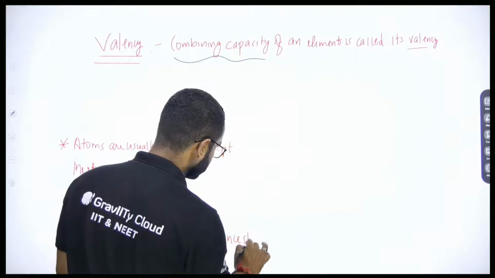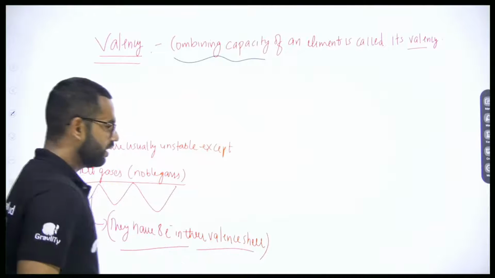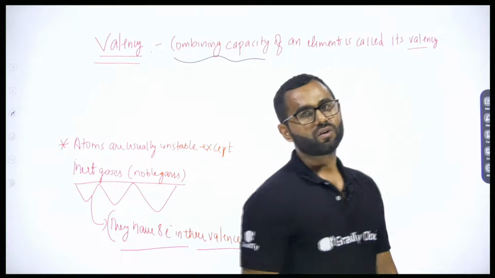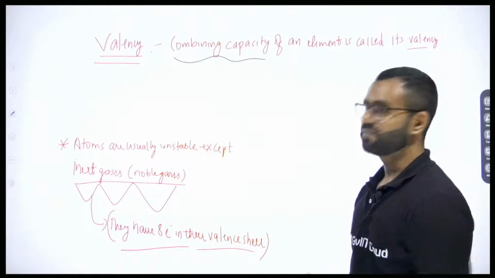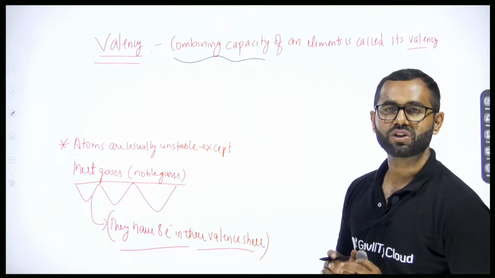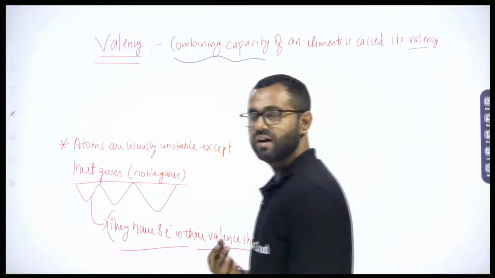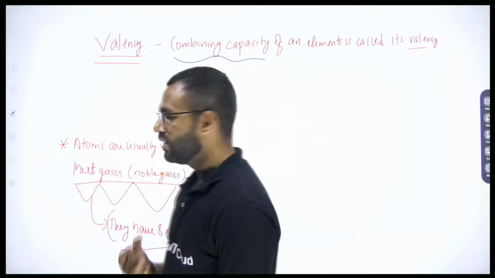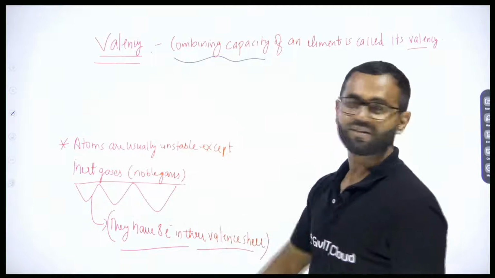According to the Bohr-Bury rule, an atom is stable when it has 8 electrons in the outermost shell. And in the case of inert gases, we have 8 electrons. So that's why all the inert gases are stable.